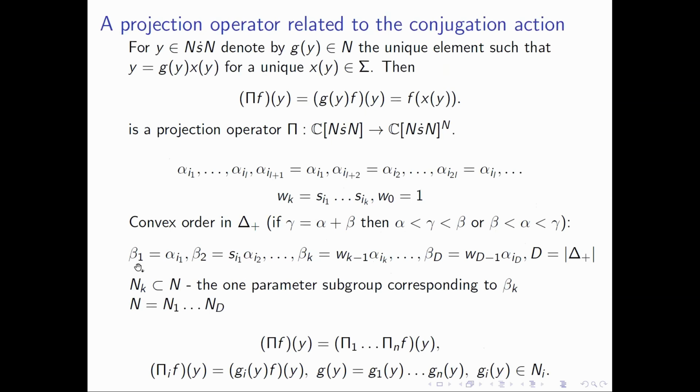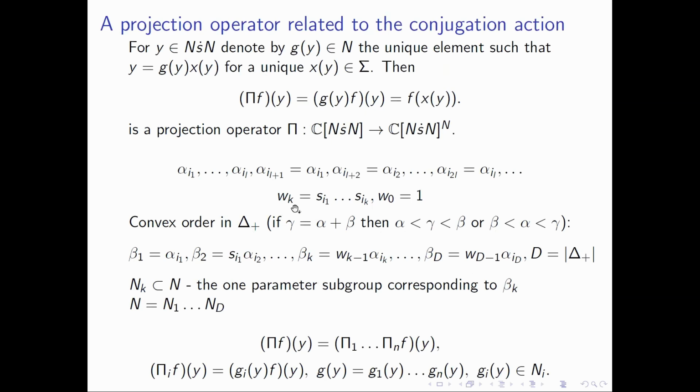So then the point is that you can list all positive roots in delta plus in the following way. Call them beta 1, beta 2, and so on. Beta 1 will be the first root in this string. Beta 2 is s alpha i1, the reflection with respect to the first root applied to the second root, and so on until you reach the root number d.